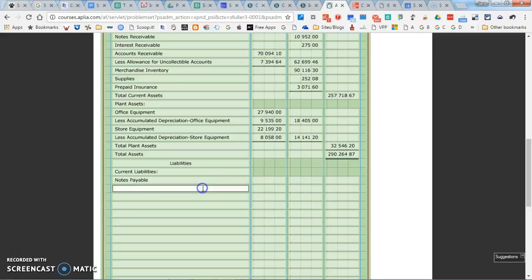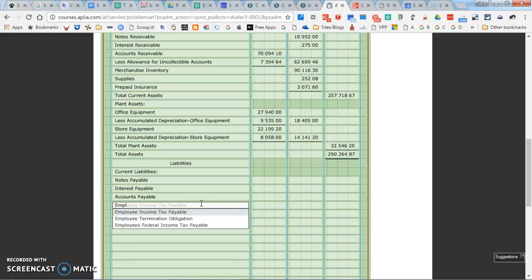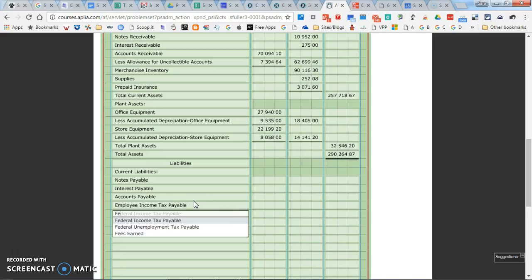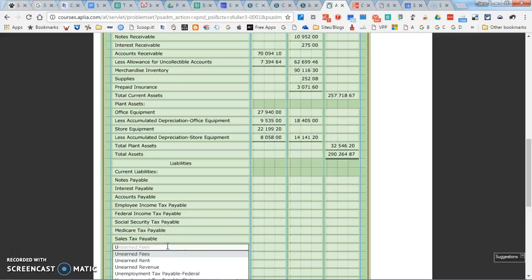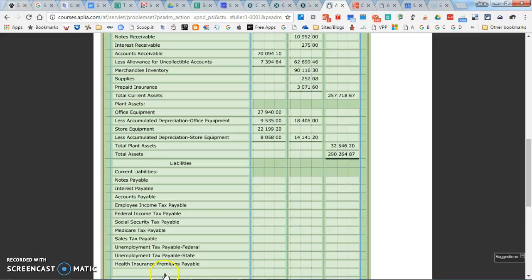So we have notes payable, interest payable, accounts payable, employee income tax payable, federal income tax payable, Social Security tax payable, Medicare tax payable, sales tax payable, unemployment tax payable federal, then unemployment tax payable state, health insurance premiums payable, and our last one here is dividends payable.